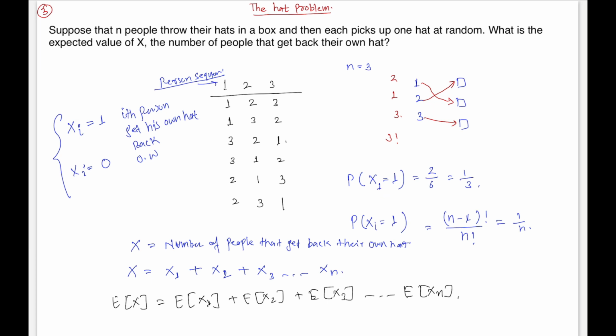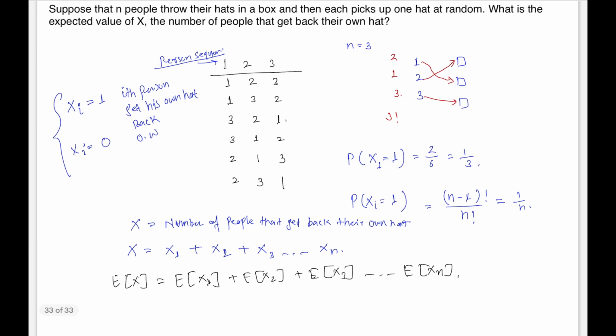right? And what are these random variables? These random variables are Bernoulli random variables, right? What's the expectation of a Bernoulli random variable? That is nothing but the probability of getting success, or the probability of getting 1, right?